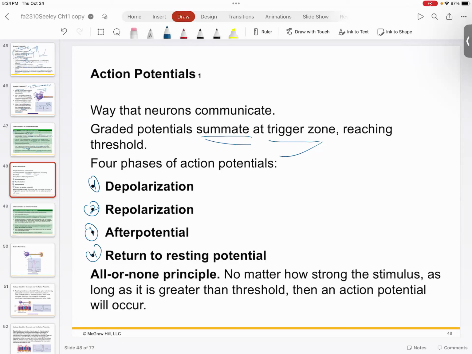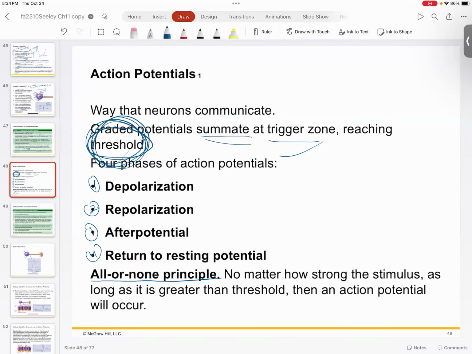But the important thing is, because it is threshold based, you're talking about here an all or none principle. So in this particular case, regardless of how strong the stimulus is, as long as it's greater than threshold, there is no modulation, right?